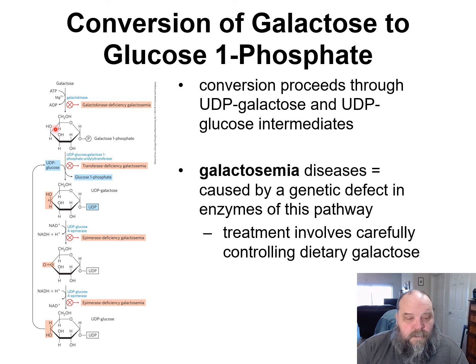So what happens is, the hydroxyl that's up in the alpha position here at carbon 4 gets removed and becomes a carbonyl. You're reducing NAD, taking out those hydrogens, releasing a hydrogen, and the remaining oxygen forms a double bond.